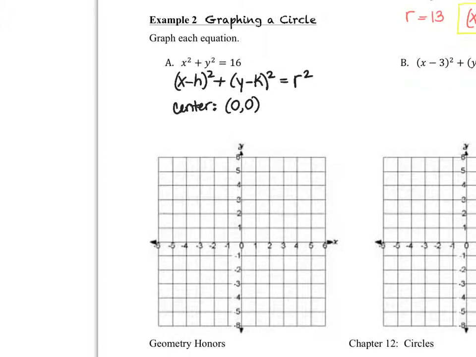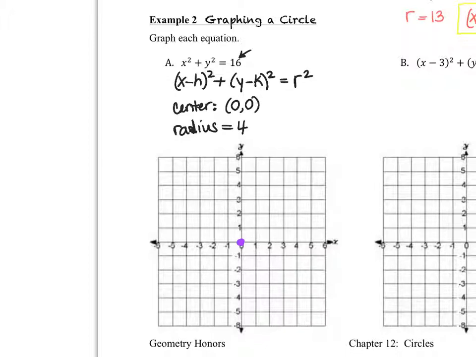So I'm going to go ahead and draw the center of the circle at the origin. Now, the next piece of information we're going to use is the radius. And we know that r squared is equal to 16 based on the information that's given to us right there. And that means that the radius is the square root of 16, which of course is 4.